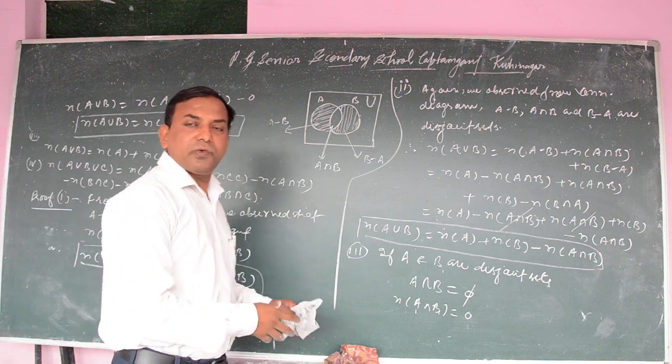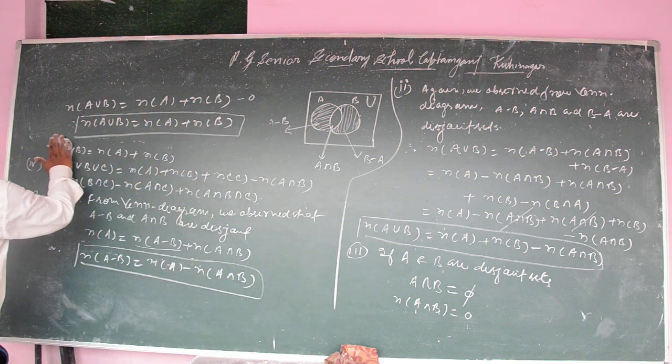This formula is used when A and B are disjoint sets.